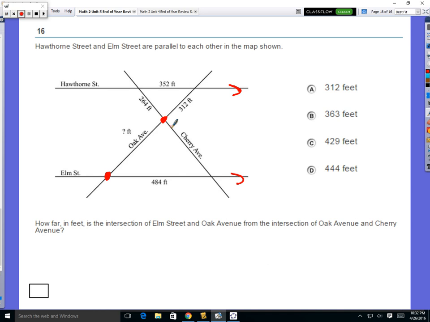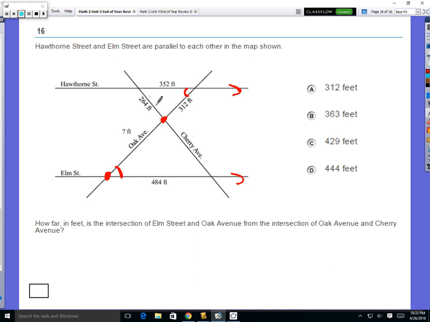We're going to use similar triangles. We haven't done any of similar triangles. So because these are parallel, this transversal, that angle, is going to be the exact same as that angle, because they're alternate interior.